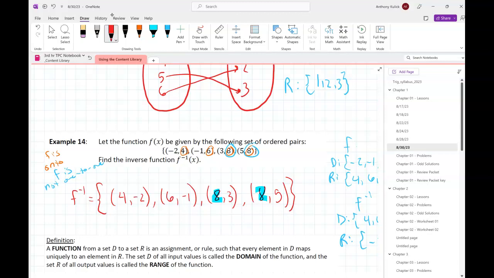Notice here that since f was not one-to-one, f inverse failed to be a function, right? And why did it fail? We had some repeated x's. So the repeated outputs in f become repeated inputs in f inverse. Everybody's okay with that?